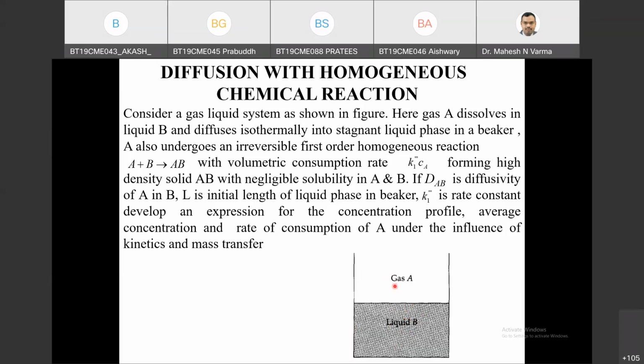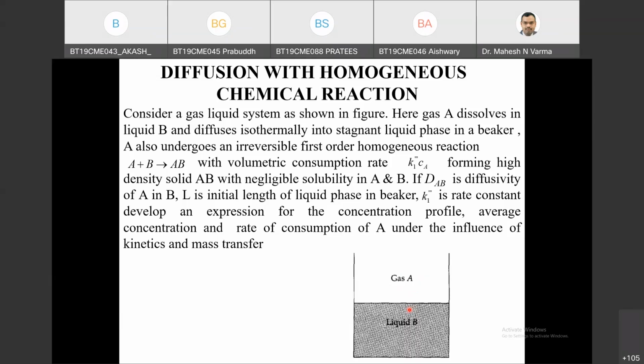How to get the concentration of A in the first layer of liquid, Aishwarya? What you told is that at the liquid gas interface, the concentration of liquid in gas can be estimated by P saturated divided by RT.